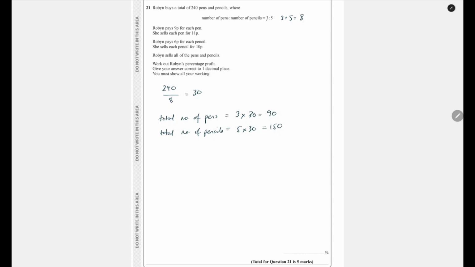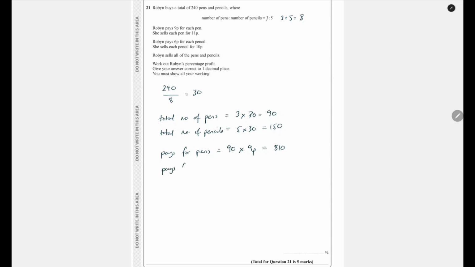We can now work out how much she pays for each pen and pencil, and then how much she sells for each, and then work out the percentage profit. So let's work out how much Robin pays for the pens. Well, that's just going to be the 90 pens multiplied by 9 pence, and that's equal to 810 pence.